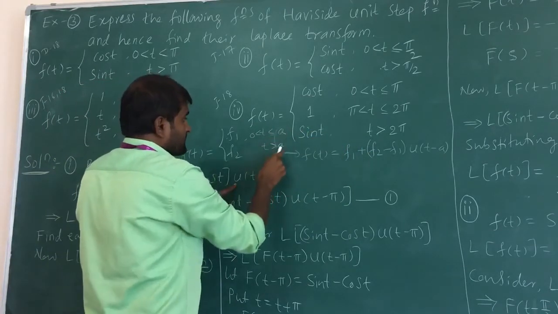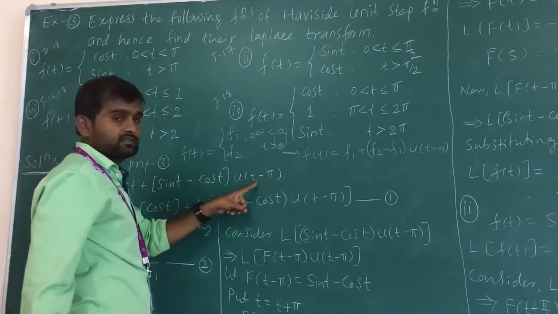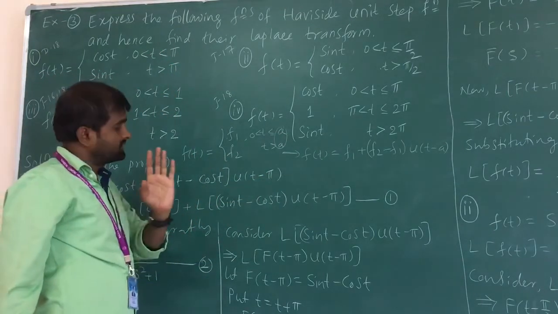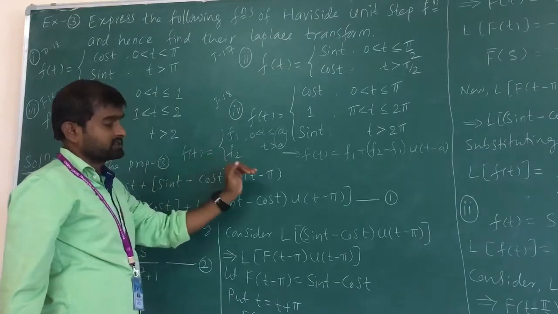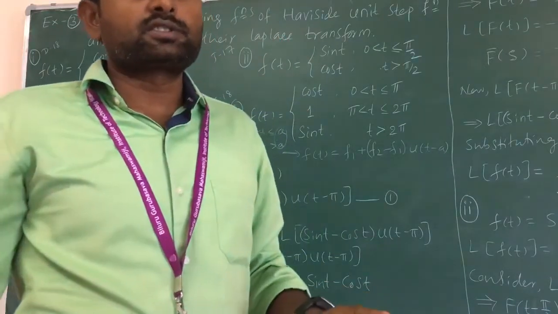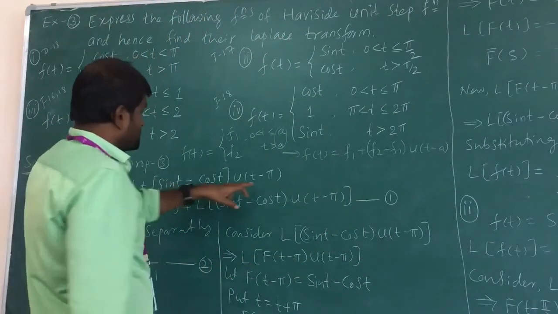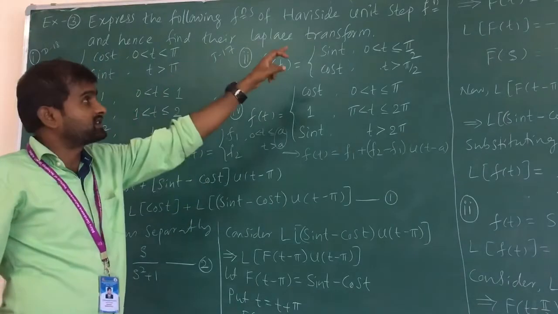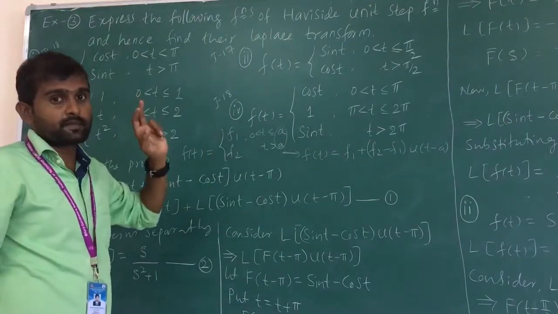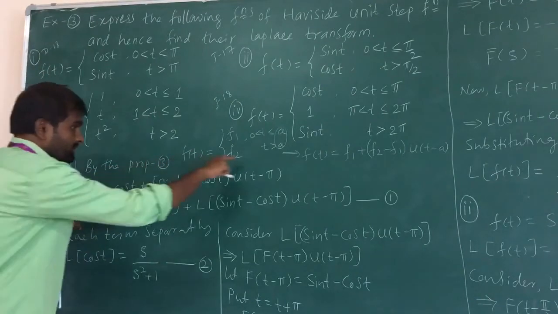Here in place of a there is pi, so u of t minus pi. This is the expression of f of t in terms of the Heaviside unit step function.